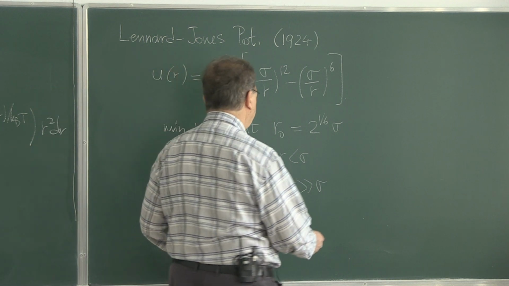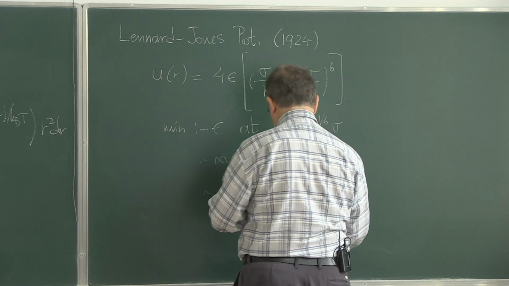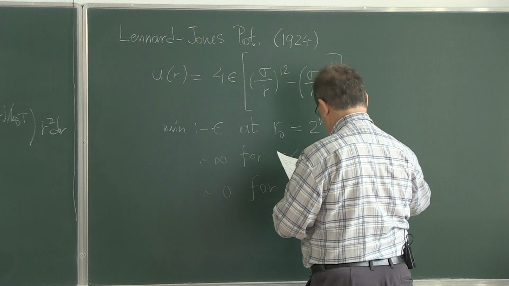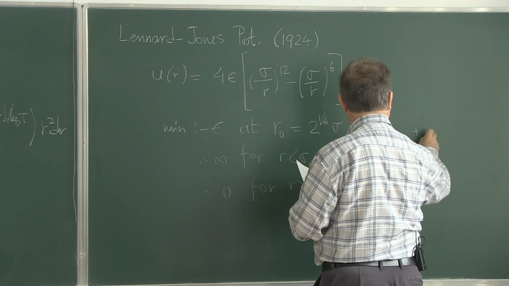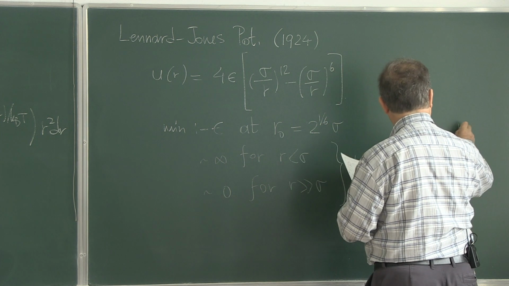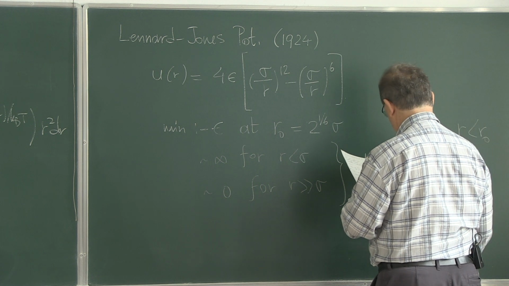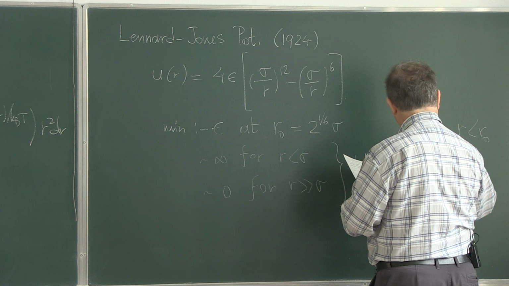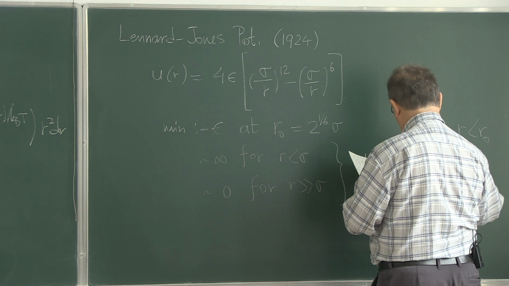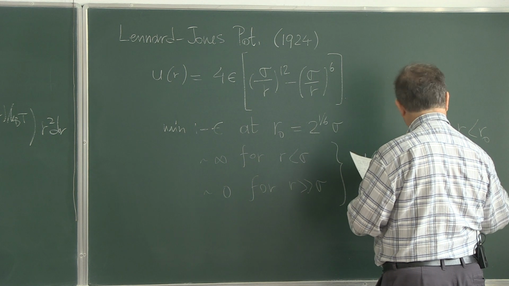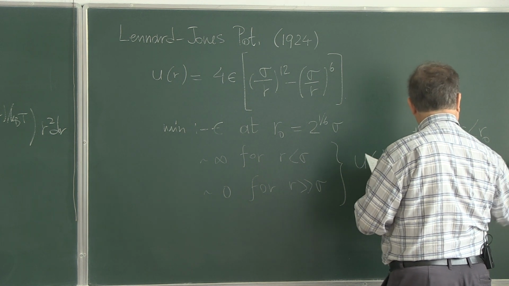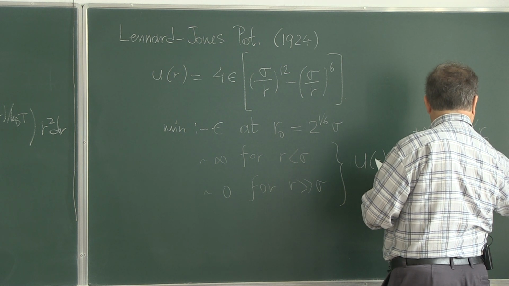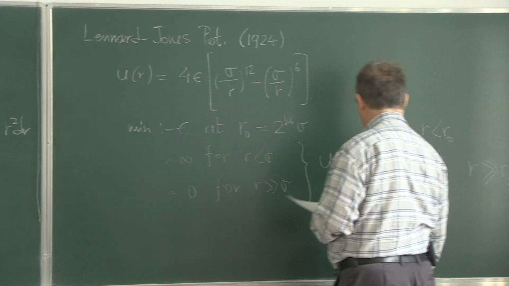So for practical purposes then, we can approximate U(r) as plus infinity for r smaller than r0, and it is minus u0 (r0 over r) to the power 6 for r very much greater than r0.